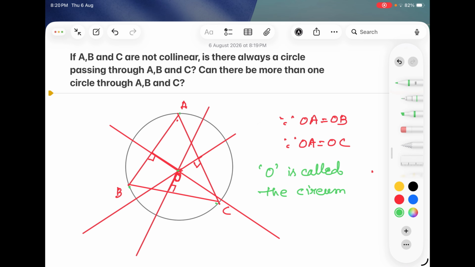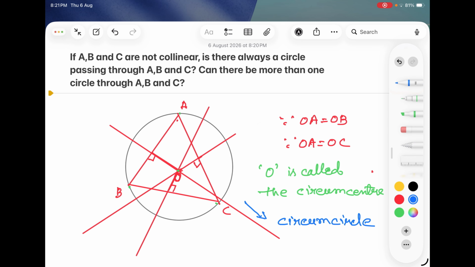Because this is the center of the circle that passes through these vertices A, B and C, this center is called the circumcenter, and the circle is called the circumcircle.